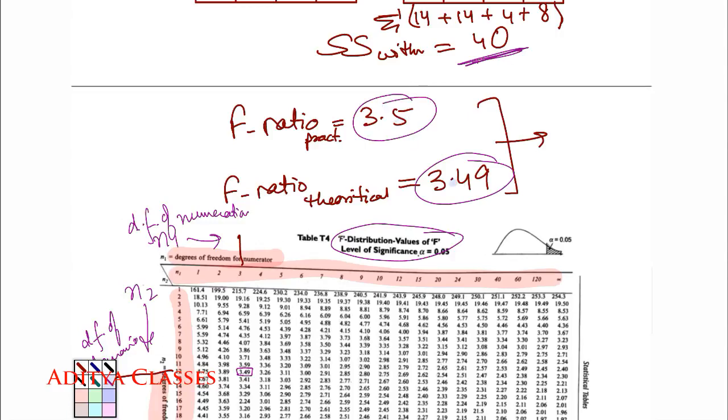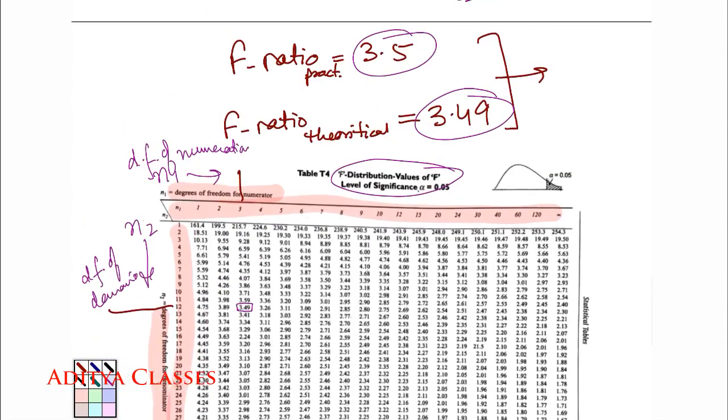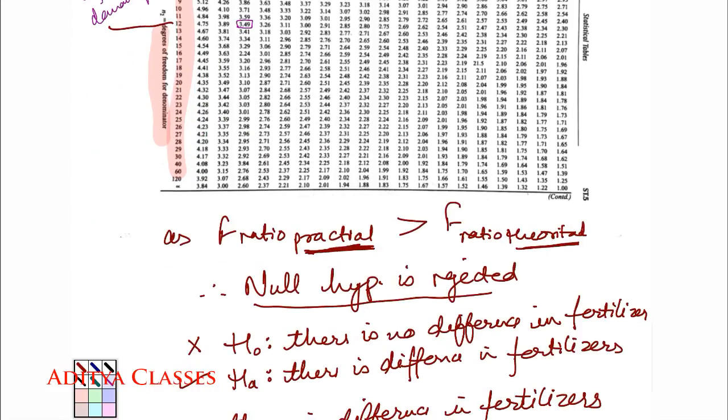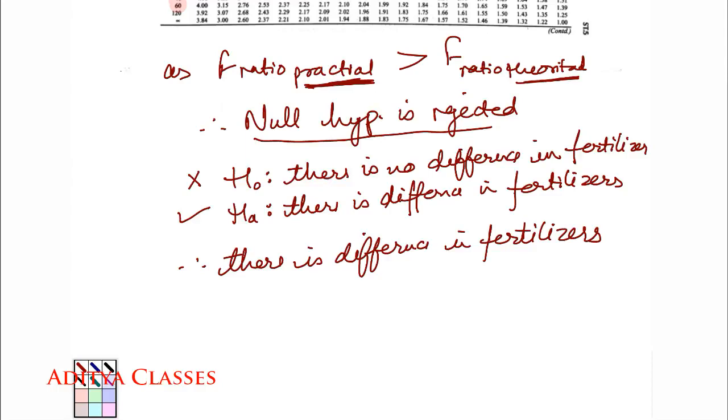If it were a little smaller or it were a little bigger, our hypothesis would have been accepted, because F ratio practical, always and always, practical should be less than theoretical. But in our case, it became more than theoretical. So we rejected the null hypothesis. Null hypothesis forever is there is no difference.